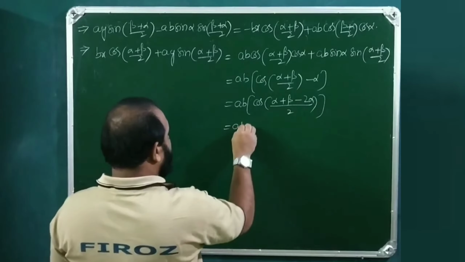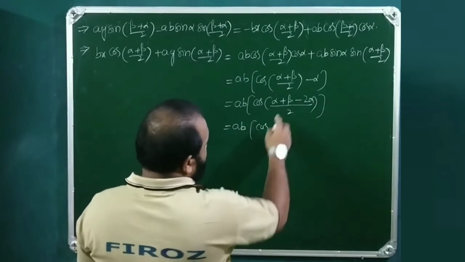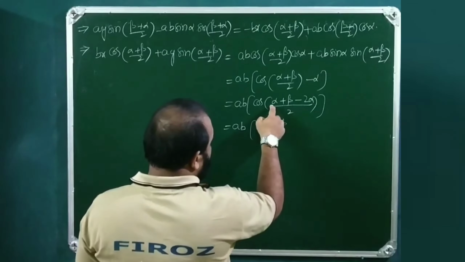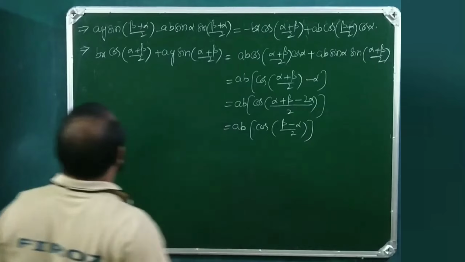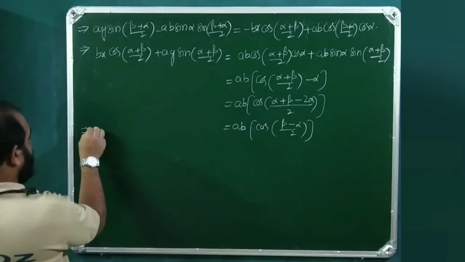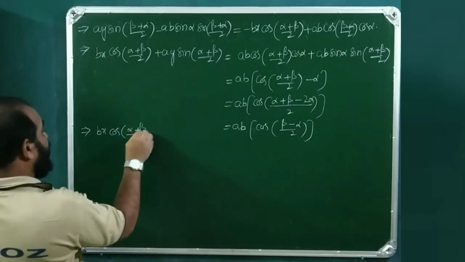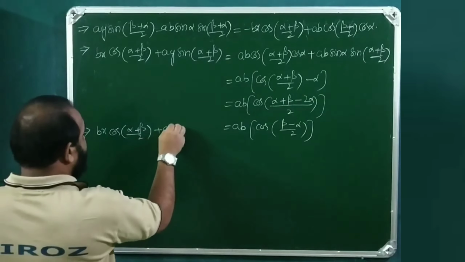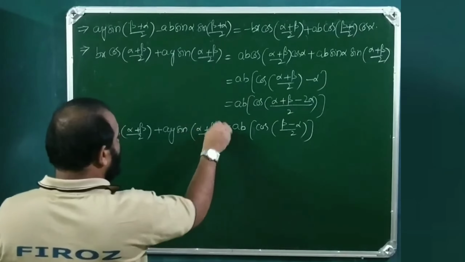This is equal to ab cos ((beta minus alpha) by 2), since beta plus alpha minus 2 alpha is beta minus alpha. So this is equal to bx cos (alpha plus beta) by 2 plus ay sin (alpha plus beta) by 2.